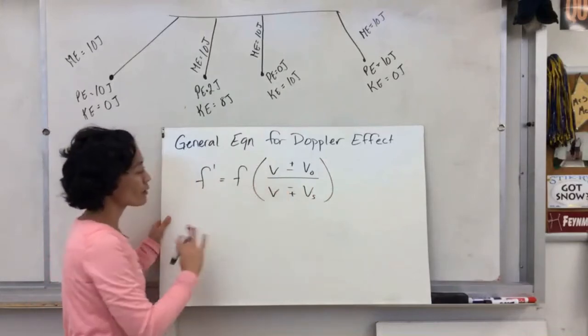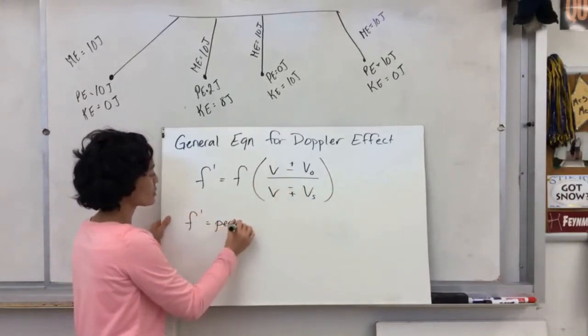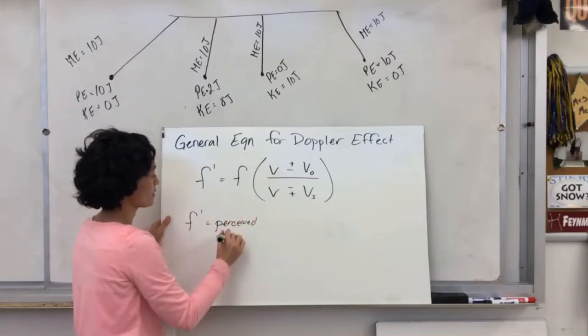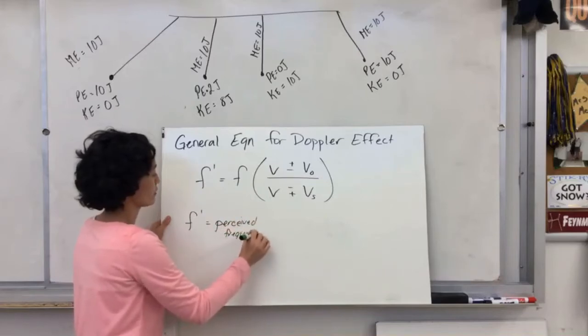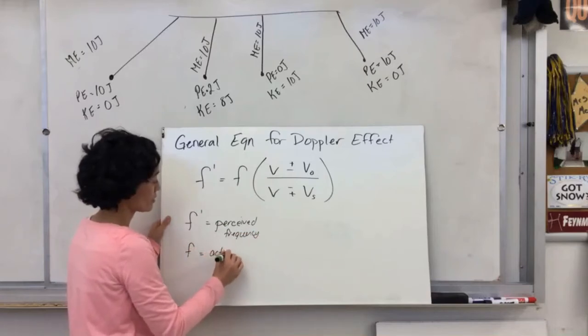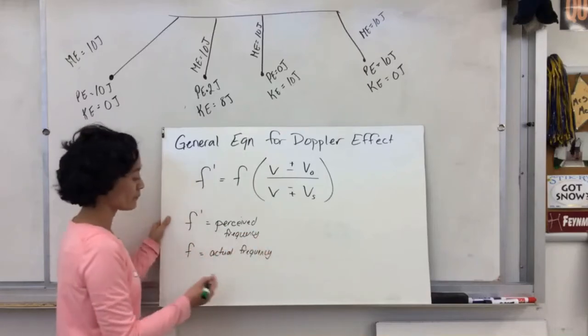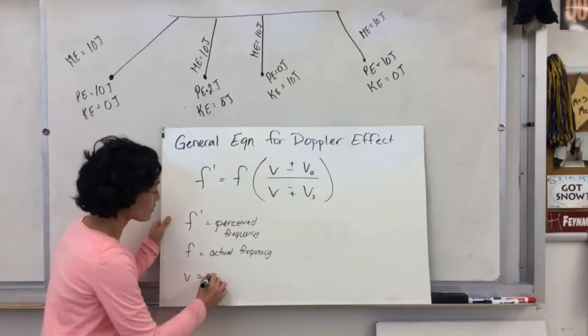Let's talk about what the quantities are. F prime is the perceived frequency. F is the actual frequency, the frequency that the wave is initially emitting. V is the speed of the wave.